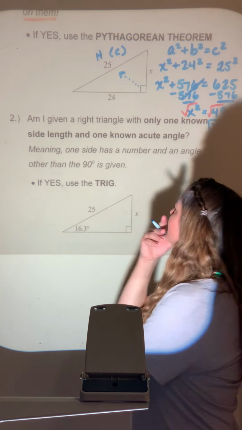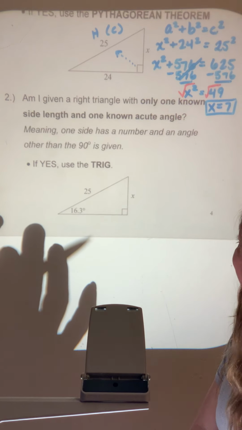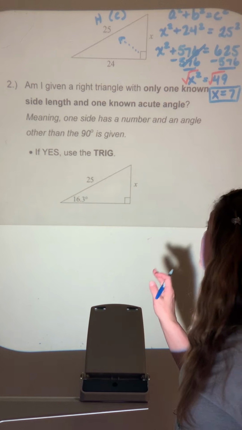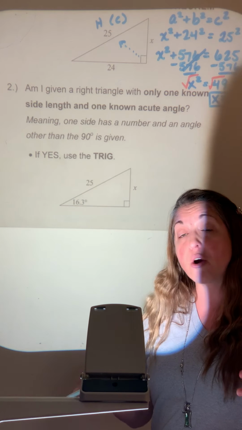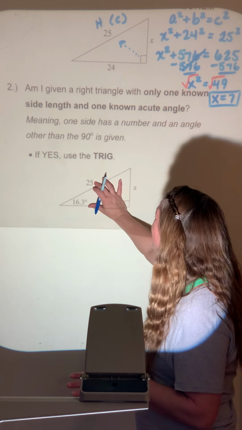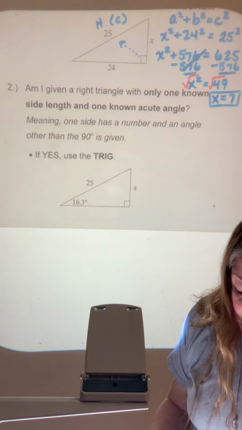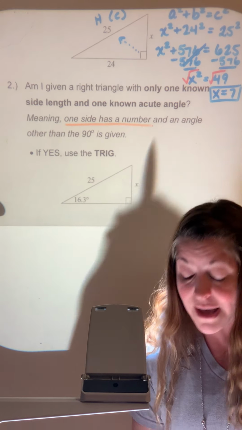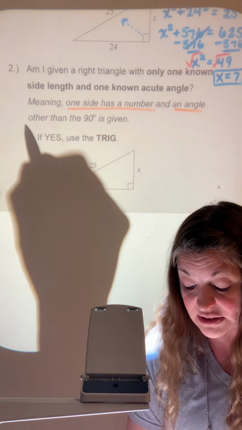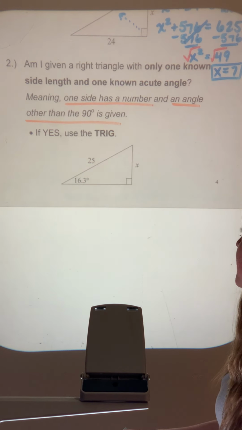But what about number 2? Am I given a right triangle with only 1 known side length and 1 known acute angle? So now when I look at my picture, I only have 1 side that has a number on it. However, to make up for that, I'm also given an angle inside the triangle, other than the 90 degree.